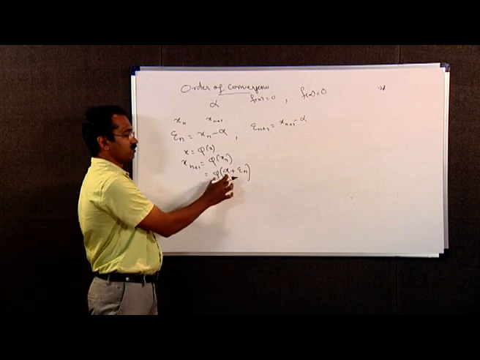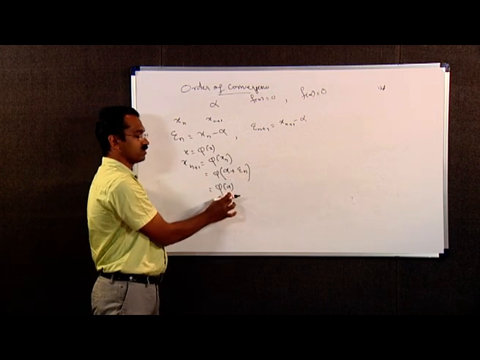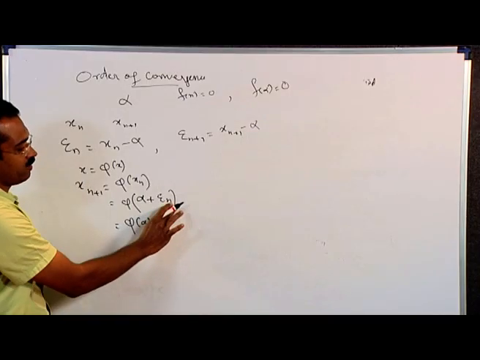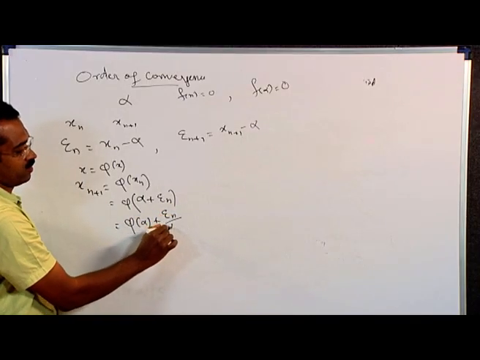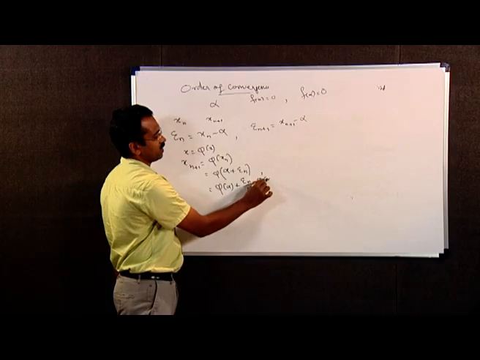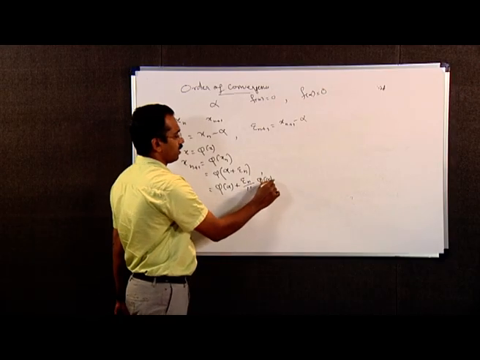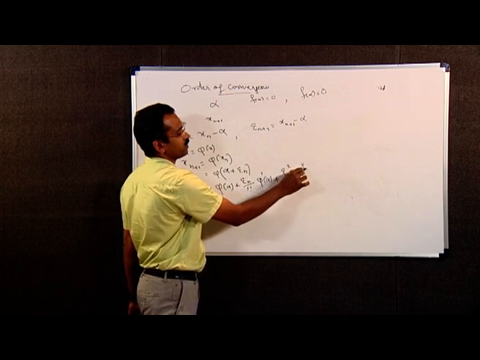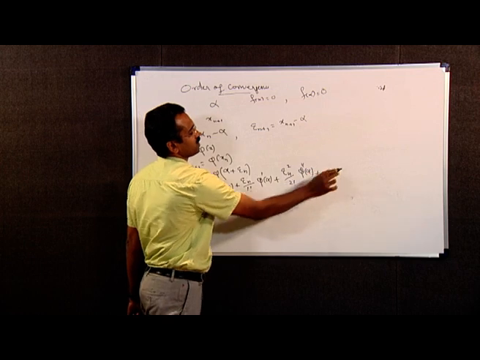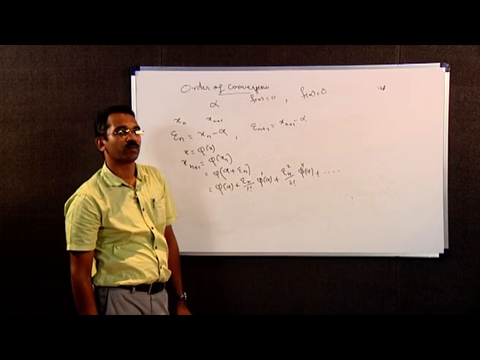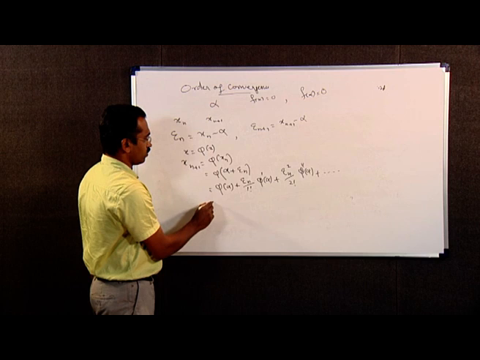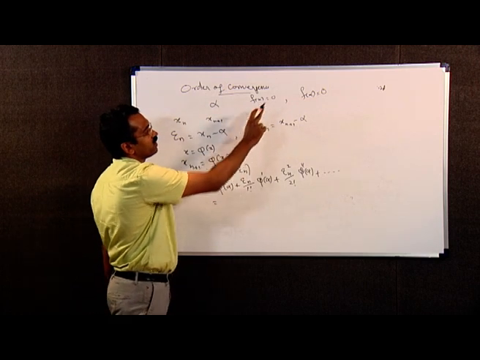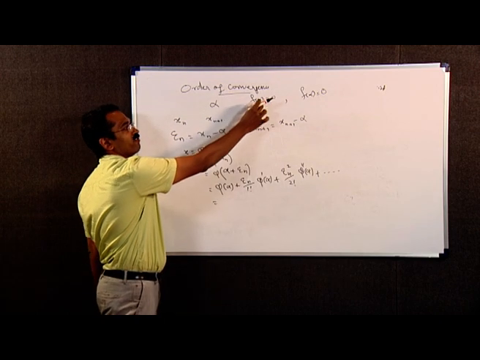By using Taylor's theorem, we can write this as phi of alpha plus epsilon n divided by 1 factorial into phi dash at alpha plus epsilon n square divided by 2 factorial into phi double dash at alpha plus etc. Here alpha is the root of the equation f of x equal to 0.